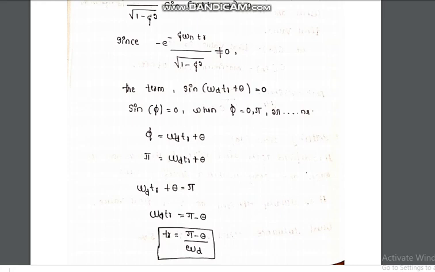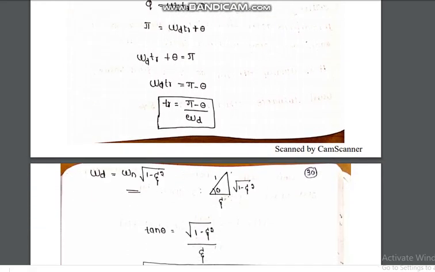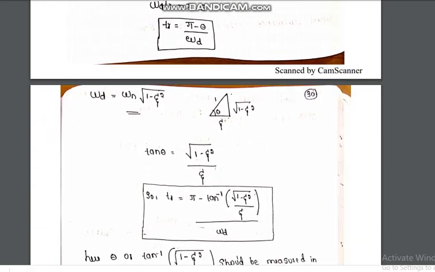So this is the expression. Now I don't want to keep this expression in terms of theta. I want to change theta to zeta and omega n or omega d. So I have to consider a right angle triangle with sides zeta and square root of 1 minus zeta square. We also know that omega d is omega n square root of 1 minus zeta square.